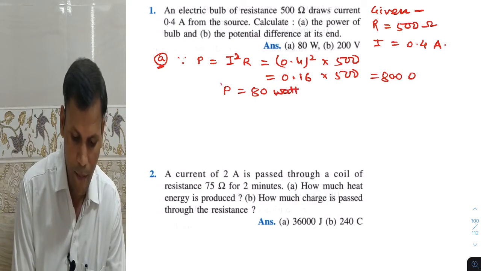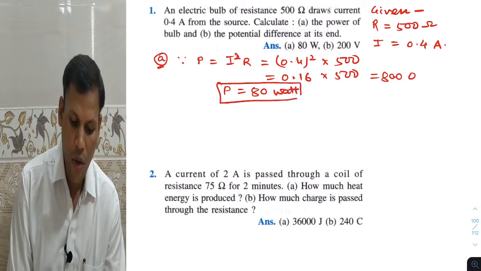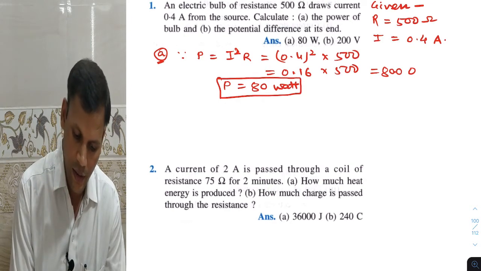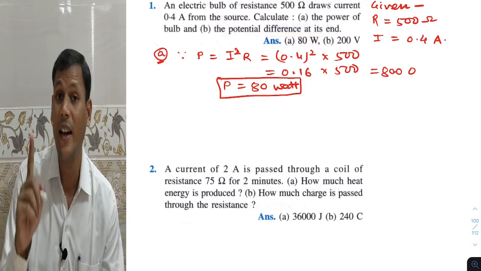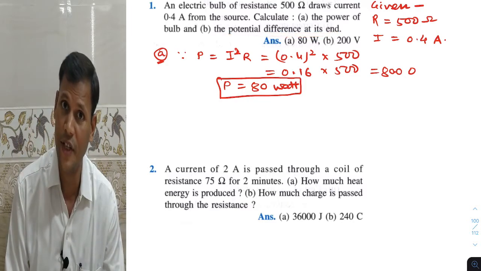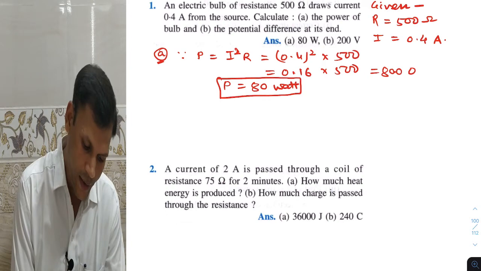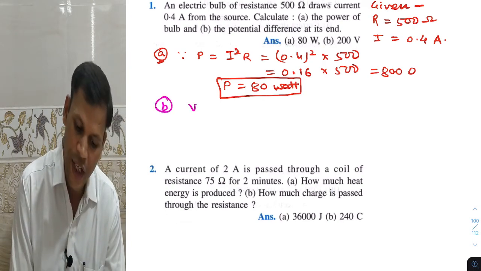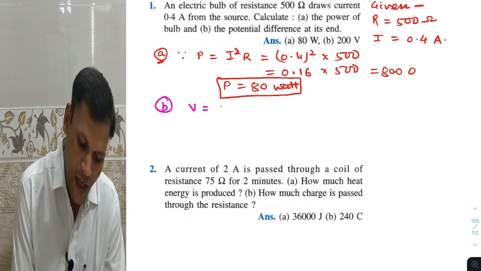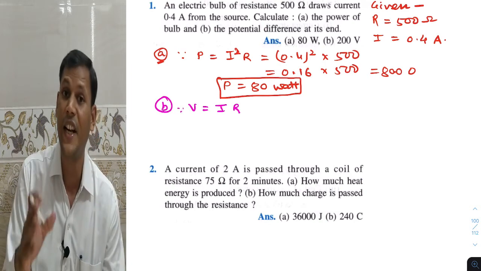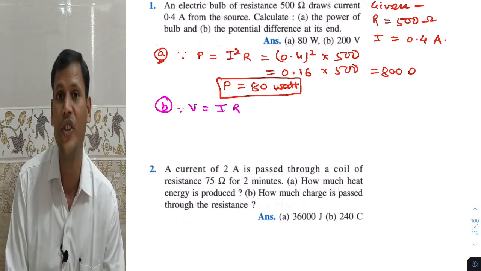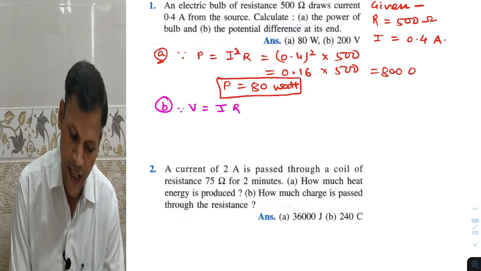This is the power. Now in B part, what do we have to calculate? Potential difference at its ends. We need potential difference, that is V. We know I, we know R. According to Ohm's law, potential difference V is equal to I into R. I is given as 0.4, into resistance 500.